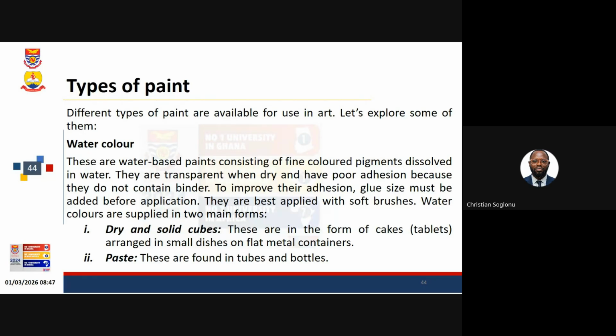And it says watercolors are supplied in two main forms. That is dry or solid tubes. These are in the form of cake tablets arranged in small dishes on flat metal containers.